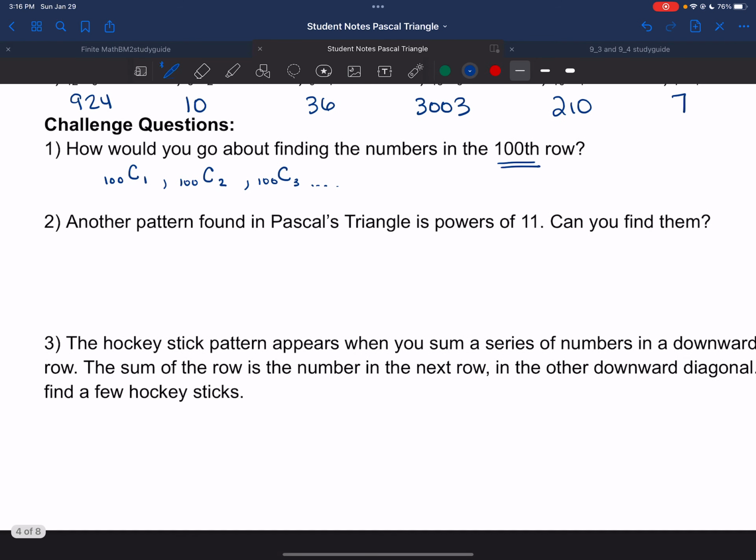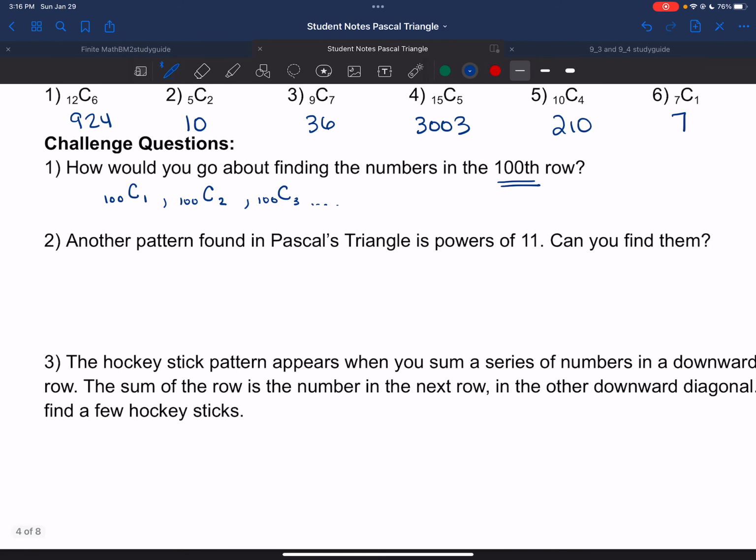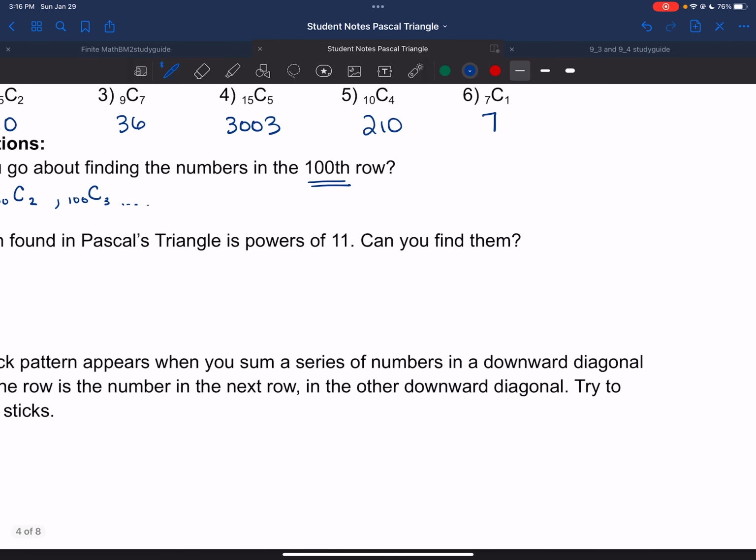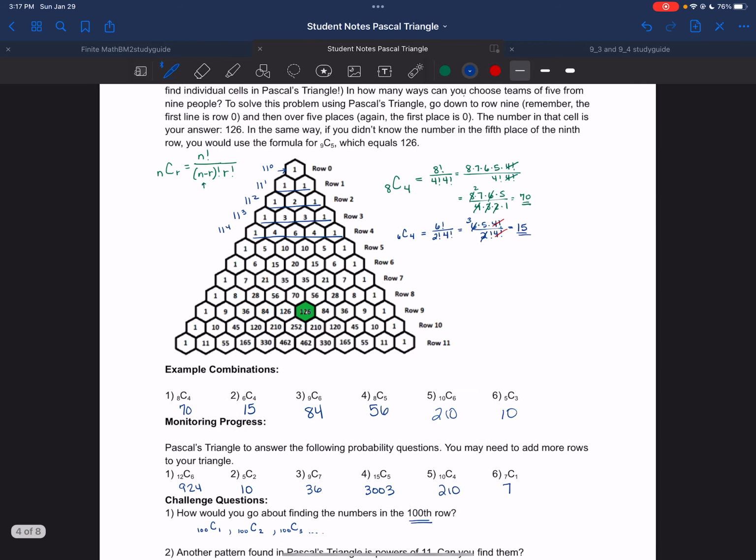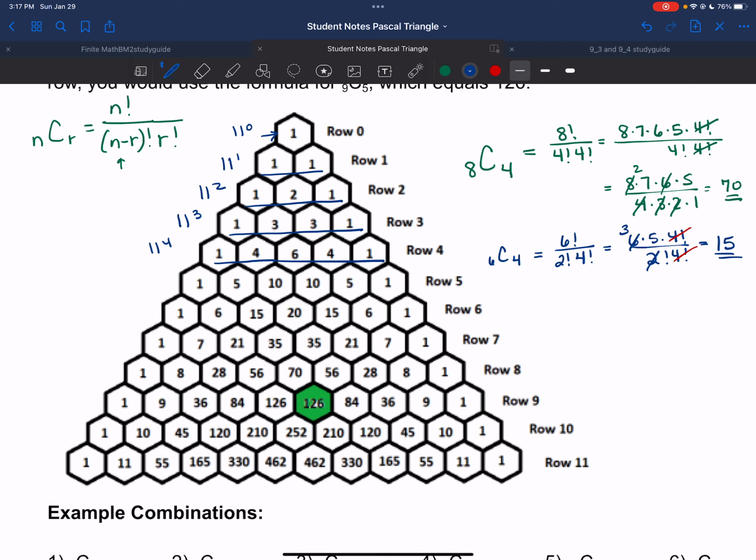Okay. The hockey stick pattern. These are looking for sums of numbers in a downward diagonal, and they don't always have to be in small groups. So I will show you 2 hockey sticks, and then you can come up with your own. So an example of a hockey stick might be, let me grab a color here, I might have 1, 2, and 3, and then it adds up to be 6. So that would be the equivalent of a hockey stick.